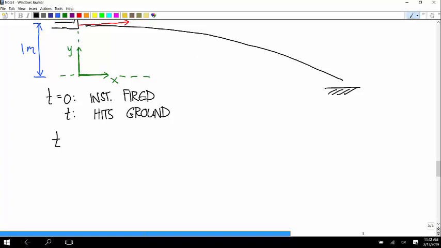So first, time t, do we know that? No. Do we know the acceleration vector? We always know that in free fall. It's 9.81 meters per second squared down. Down in this case is the negative y direction. So this is 0, negative 9.81.